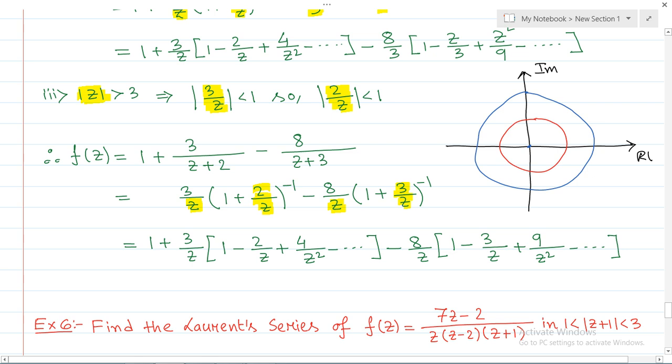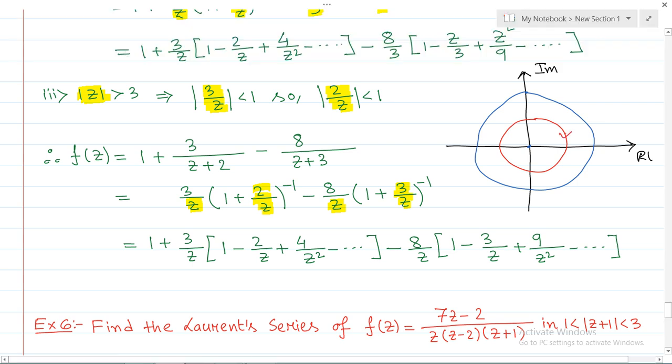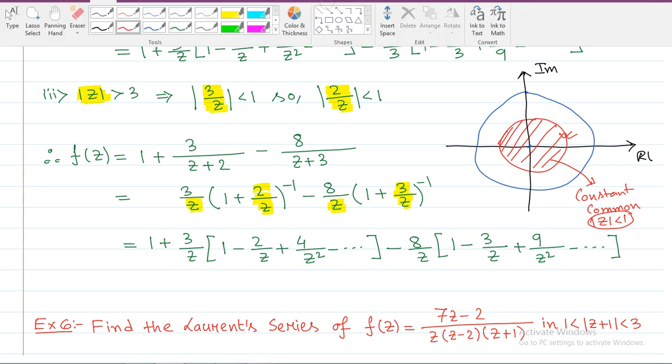Now what to do? Whenever it is given the first region, for this first region you have to take the constant common, so that the structure mod of z less than 1 will form.